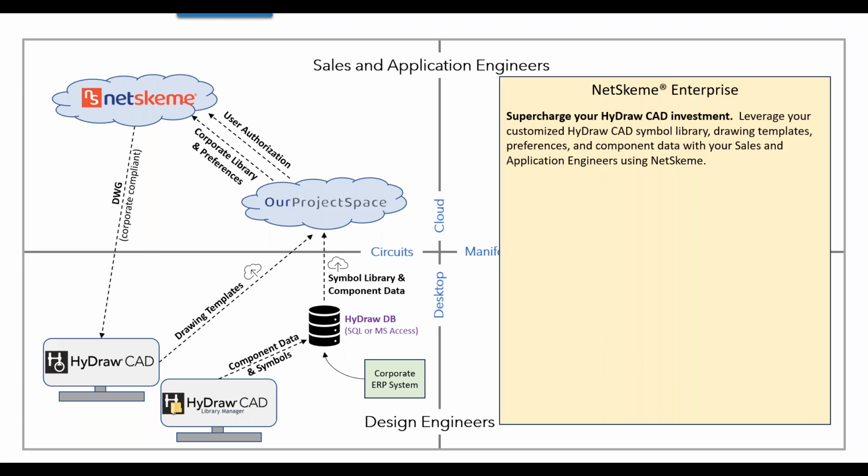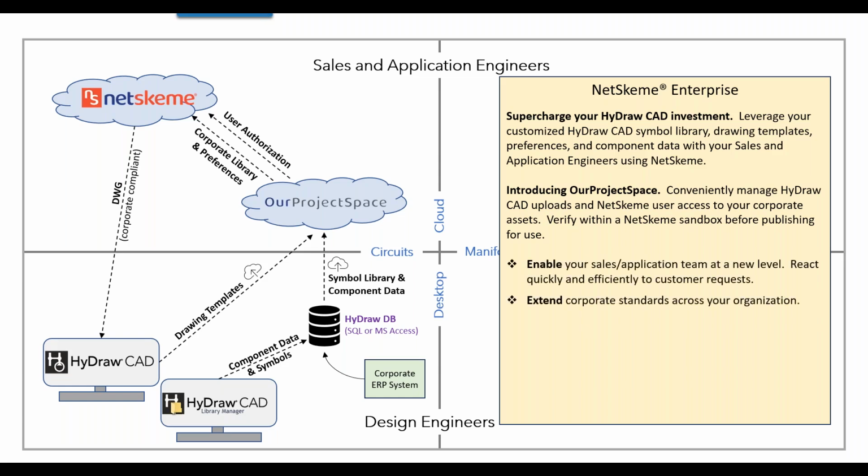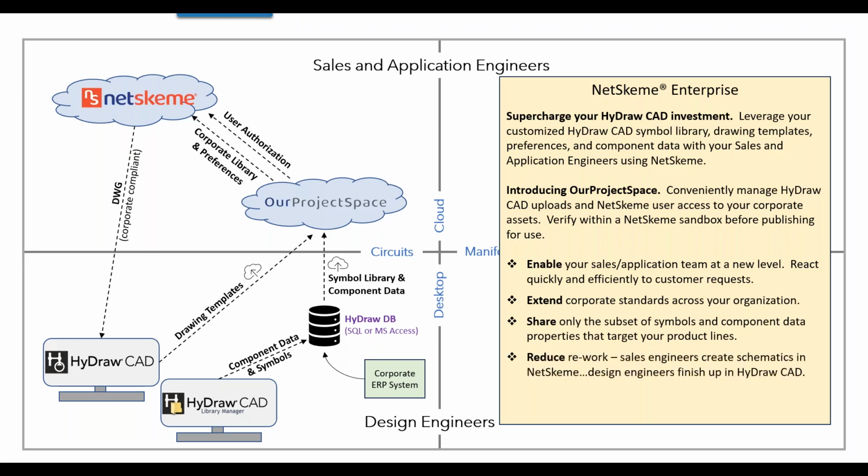You're going to take that database and use it on the cloud with your sales and applications engineers through our project space, and it's going to allow you to quickly get corporate standards across the board. You're going to be able to share your library, and you're going to reduce your rework. You're going to really make that engineering process much faster.